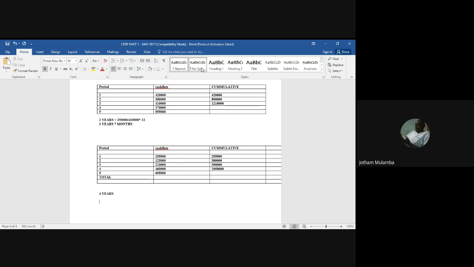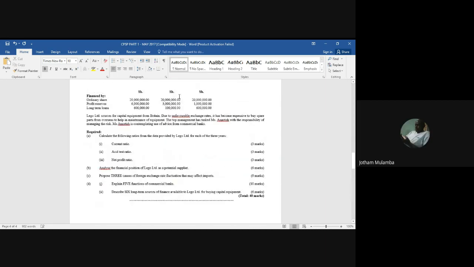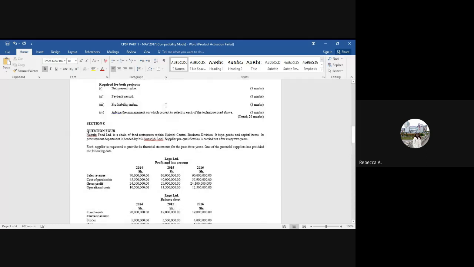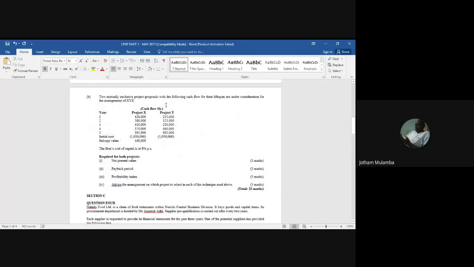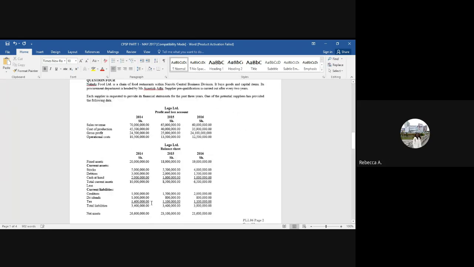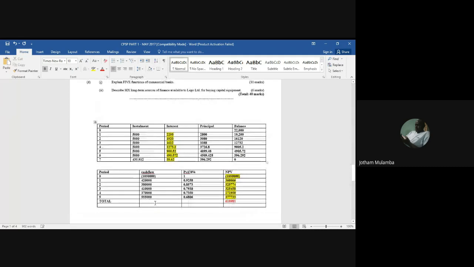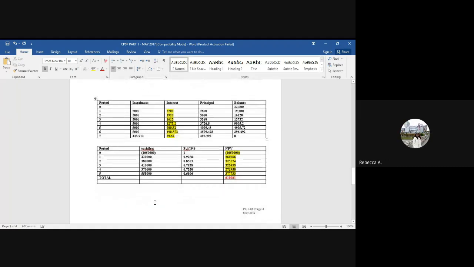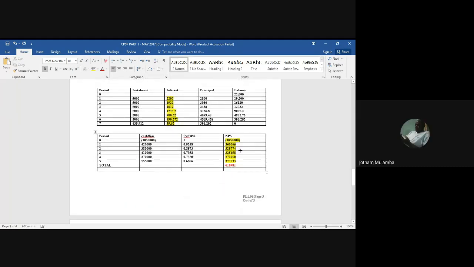So let's look at the next part. Net present value. Sorry, profitability index. So profitability index, this is what we do. The way we had calculated our net present value, NPV.